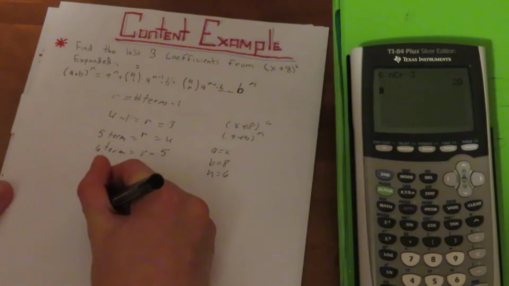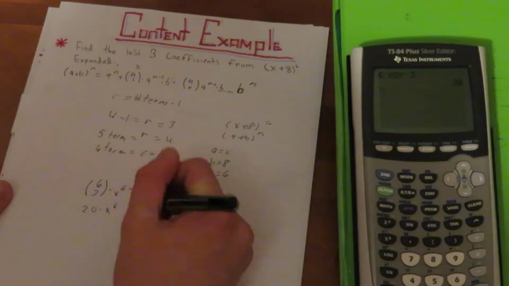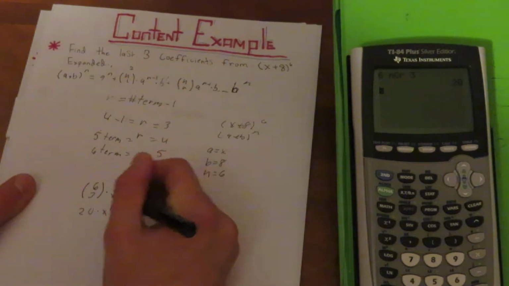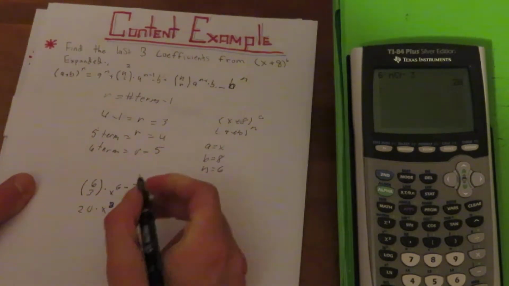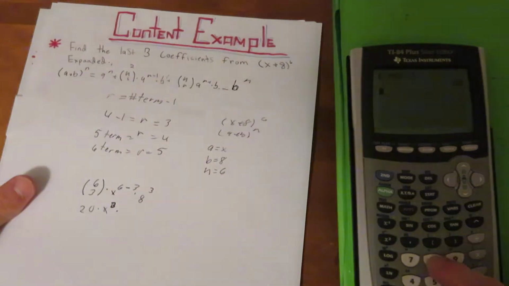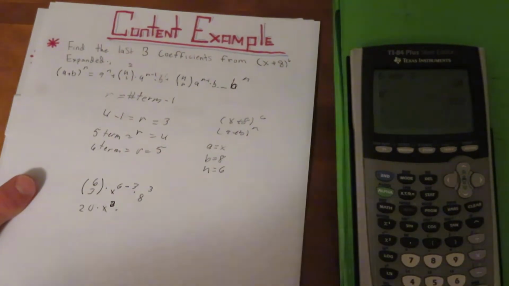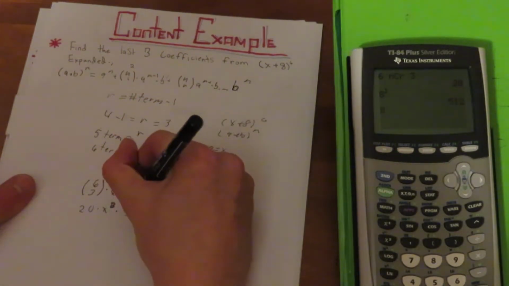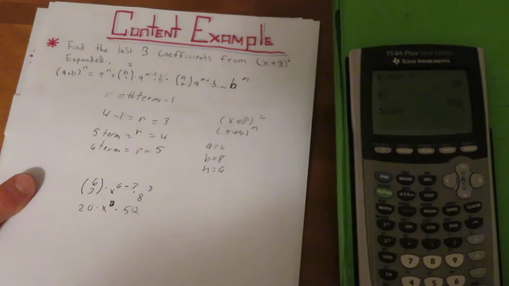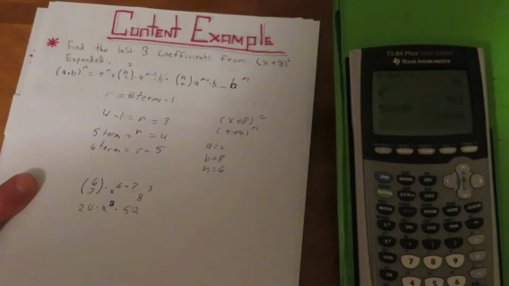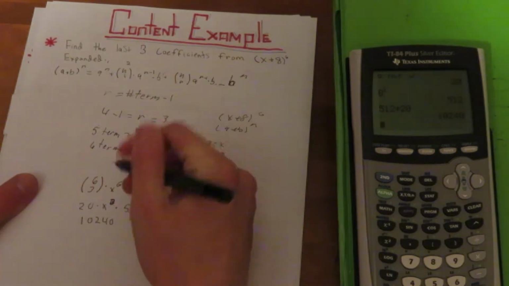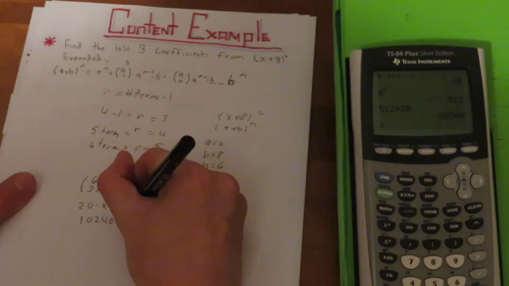So 20 times x to the power of 6 minus 3, which is x to the power of 3, times 8 to the power of 3, which is equal to 512. So we do 512 times 20, that's equal to 10,240 x to the 3rd.